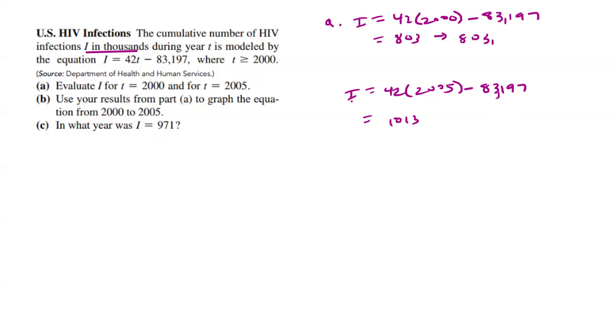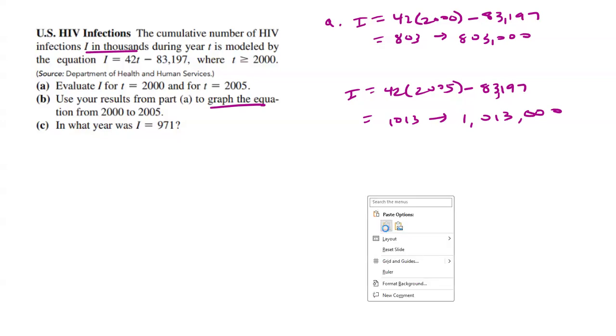And then this one would be 1,013,000. Okay, so for A. For part B, they want us to use the results from part A to graph the equation. All right, so I have that here to save us on time.